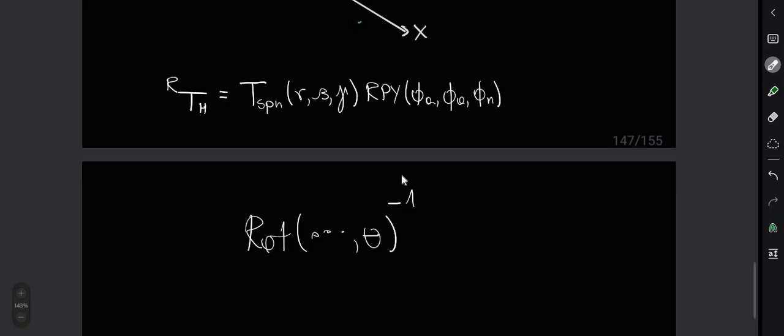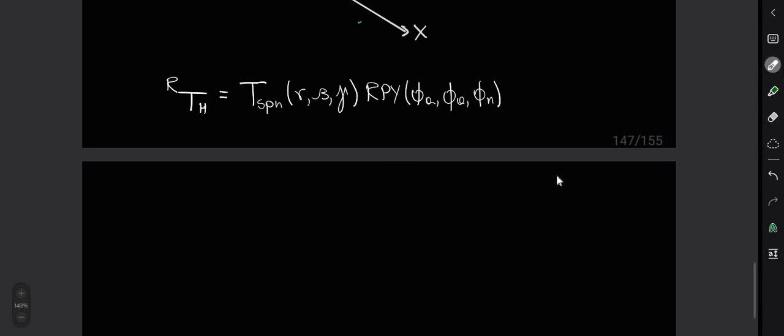So forward is going to tell us where it is, and inverse where we want it to be. Okay. So it starts with inverse.